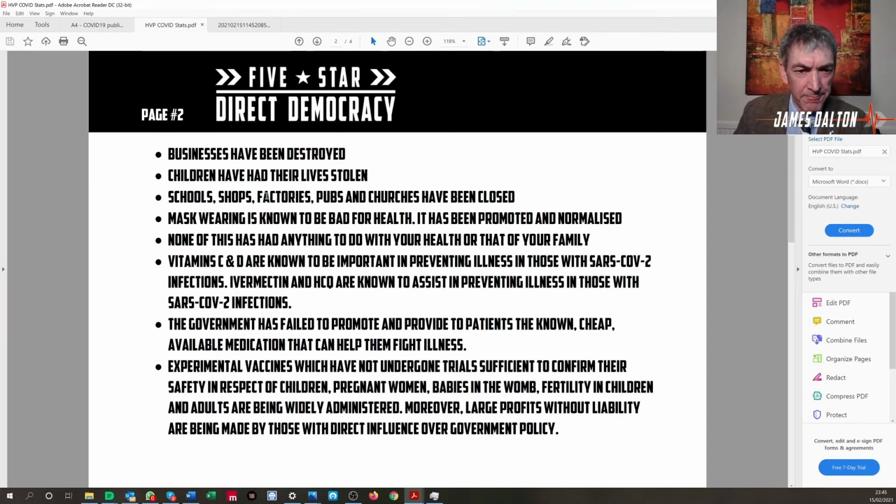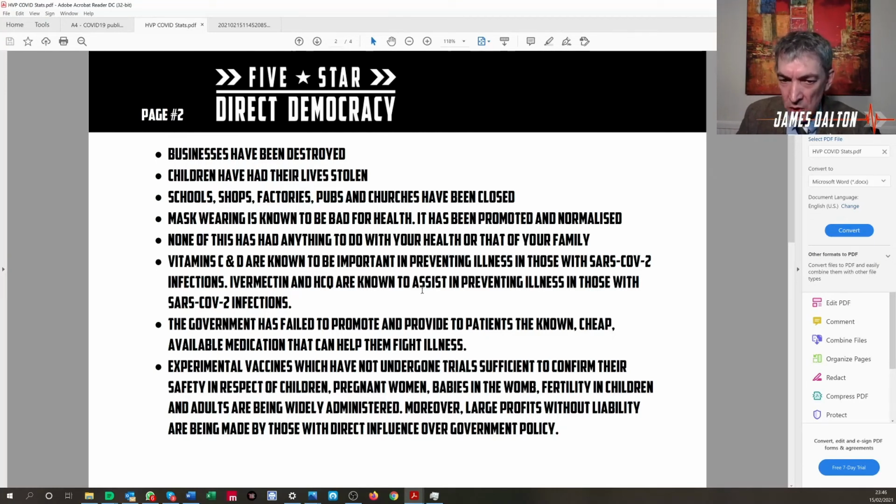Let's move on. So, in summary, businesses have been destroyed. Children have had their lives stolen. Schools, shops, factories, pubs and churches have been closed. Mask wearing is known to be bad for health, yet it has been promoted and normalised. None of this has been anything to do with your health or that of your family. Vitamins C and D are known to be important in preventing illness in those with SARS-CoV-2 infections.